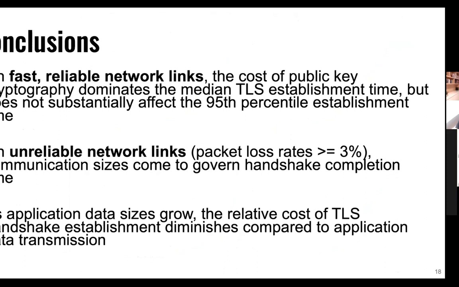And we really see this dominating, especially past 10%. Now, of course, the flip side of this is as application data sizes grow, the relative cost of TLS handshake establishment time diminishes compared to application data transmission, but it can still be a significant cost for smaller connections.